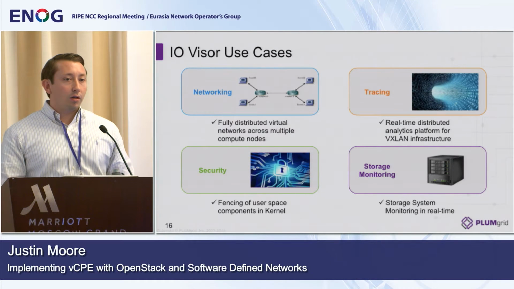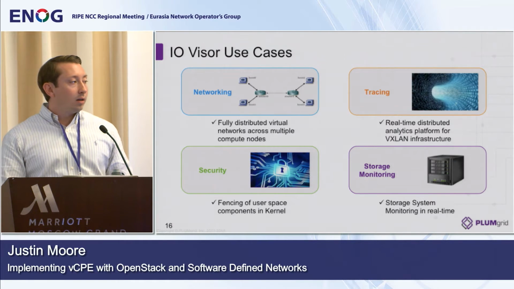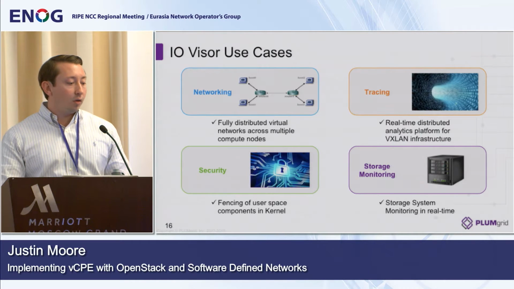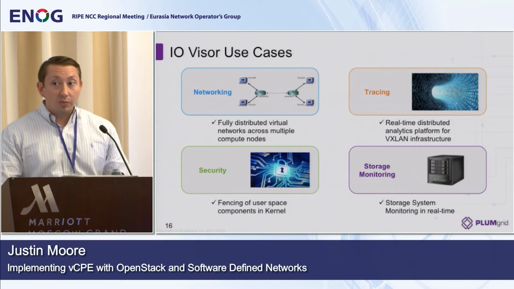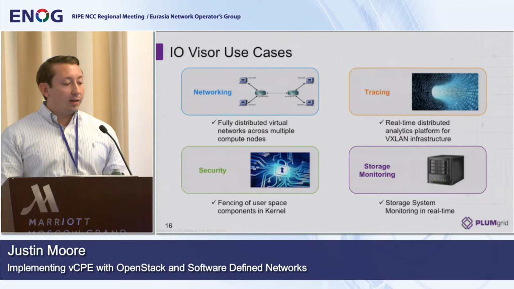Because we live inside the kernel and because we're the interface between the system and the I/O layer, it gives us a lot of really valuable information and control over the flow of I/O through the system. This, of course, can also be used for storage monitoring and performance improvement, and as I mentioned, Netflix is a big proponent and consumer of this technology.